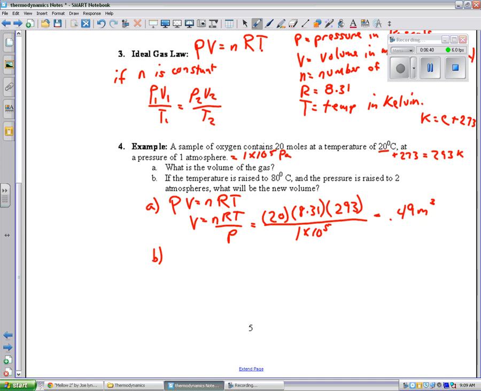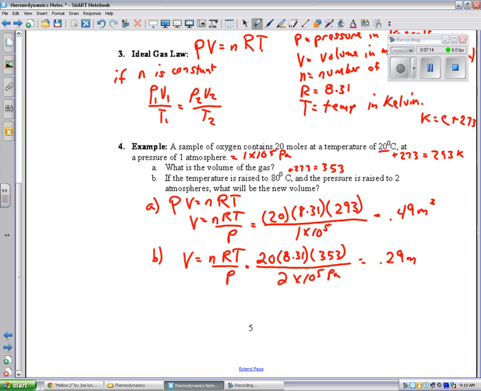Same equation. The number of moles stayed the same, so it's 20. R is 8.31. The temperature now, 80 plus 273, gives me 353 Kelvin. And my pressure is now 2 atmospheres, which is 2 times 10 to the 5th pascals. When I do that, I get a volume of 0.29 meters cubed.